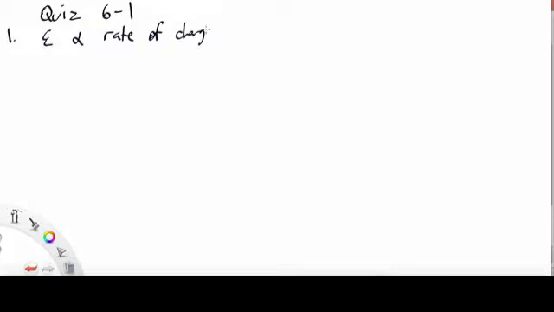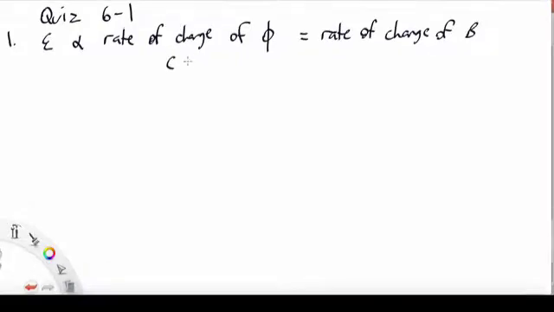And so since the flux equals B times A, and since the area is fixed, that equals the rate of change of B. So in that graph of B, we are looking for where the slope is the steepest, and is steepest at C, and that is larger than at B, which is larger than at A, so that is C.